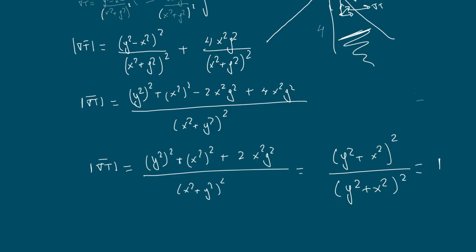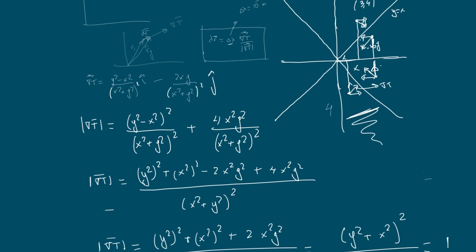Well, that means that the gradient of T has a magnitude of 1 wherever you are, at any point (x, y), except at the point (0, 0), where the gradient is not defined.